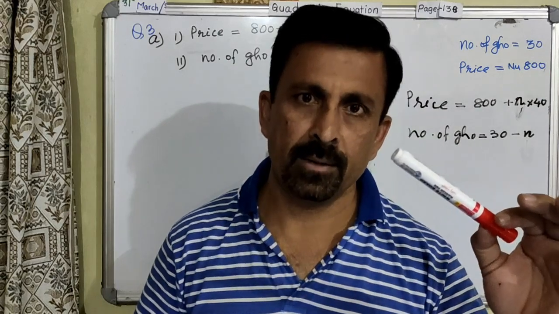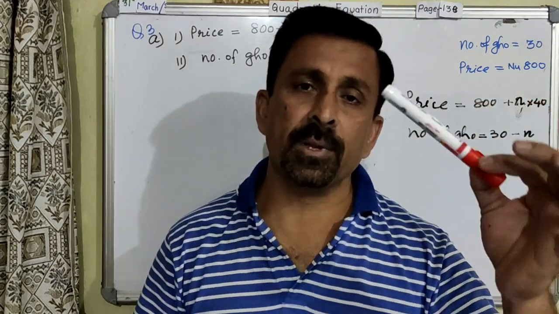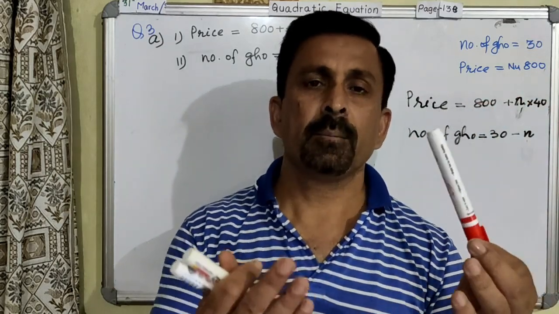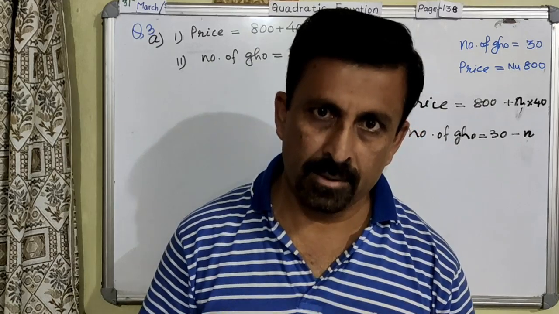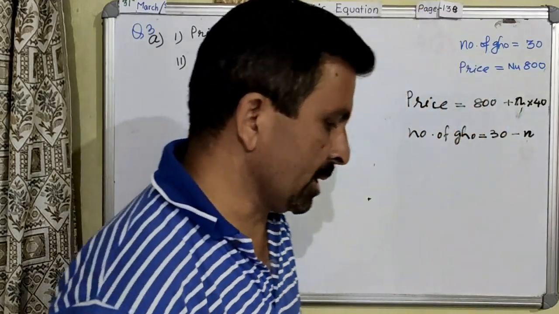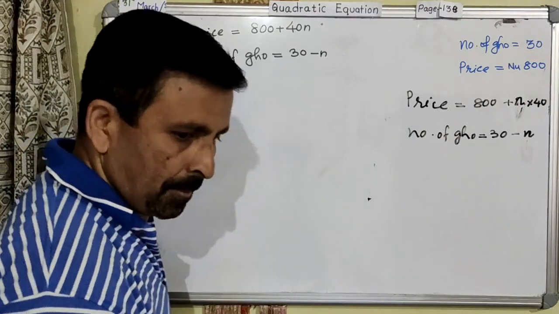How will you calculate? We will multiply the price with the number, and we get the money received from the sale, or income from the sale. Are you getting it? So the same concept we will apply here, and we will get the function for the total sale.